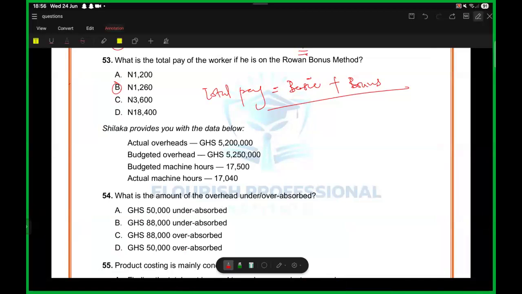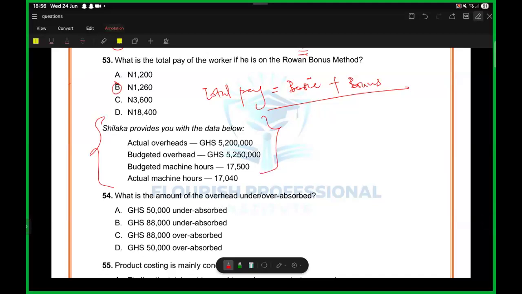So from here, we have question number 54. I wish someone could help read the questions, but there's no problem. You have to read this first so that we can use it to solve it. Trilaka provides you with the data below.